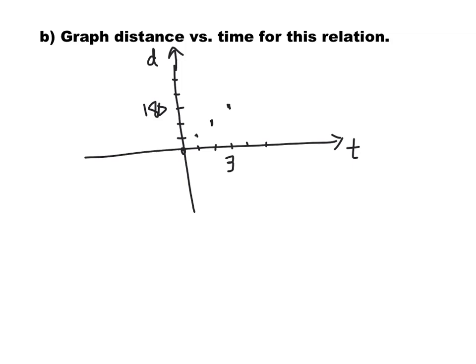When time is 4 it is 240, which is going to be somewhere around here, and when it's 5 it is 300, which is somewhere around here. Connect these points together. Again, having the arrows indicates that this is a linear relationship, and as before, the equation is distance d is equal to 60t, where t is the time.